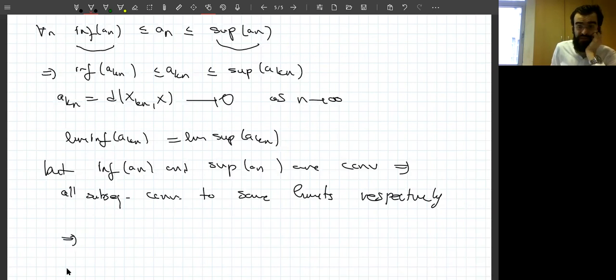And this implies alpha equals beta equals 0. So the limit of a_n is 0 by the sandwich theorem.